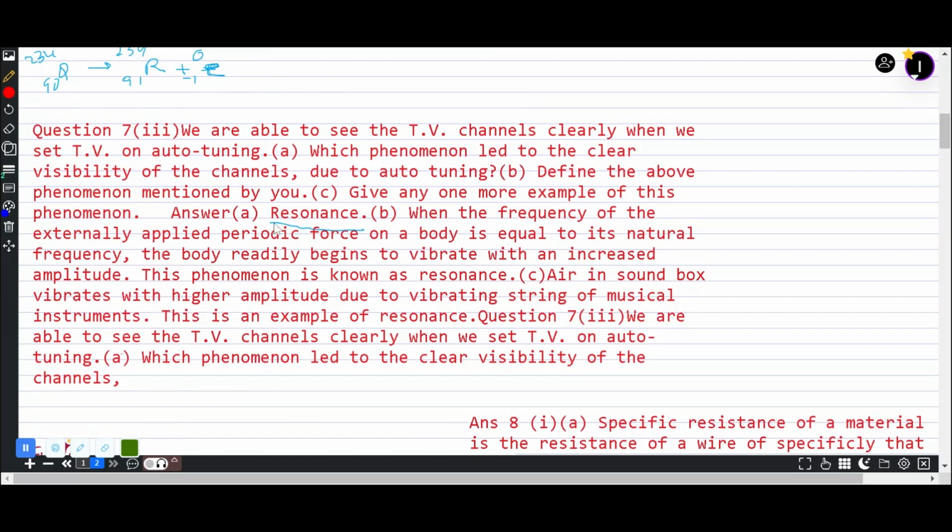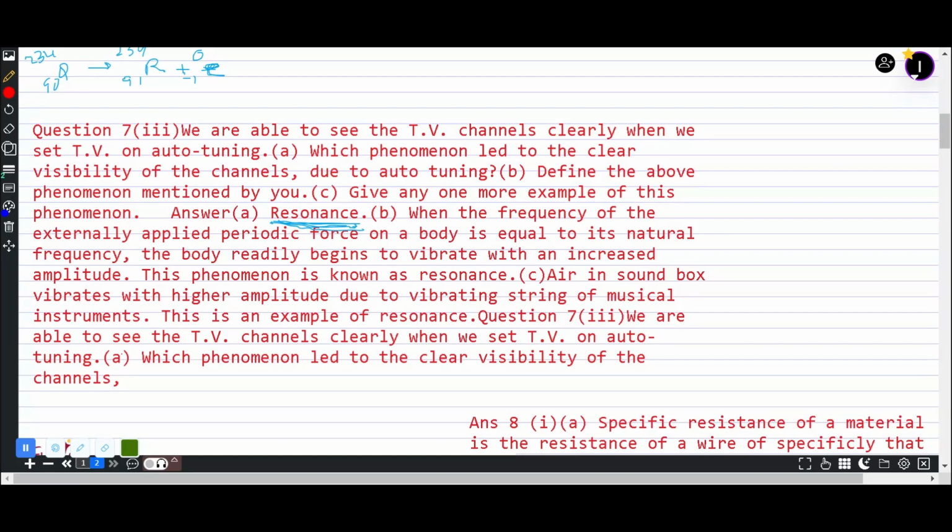Now what happens is these TV signals are sent as electromagnetic waves, which are actually sort of energy rays with certain electric and magnetic properties.